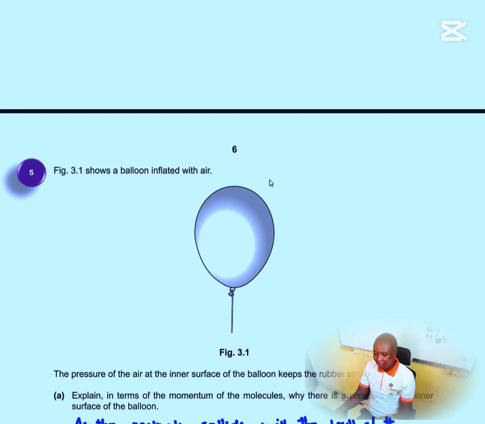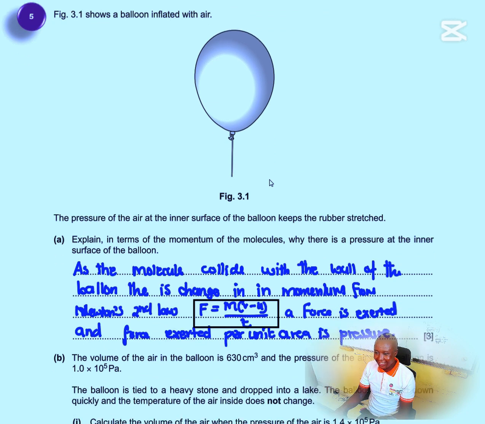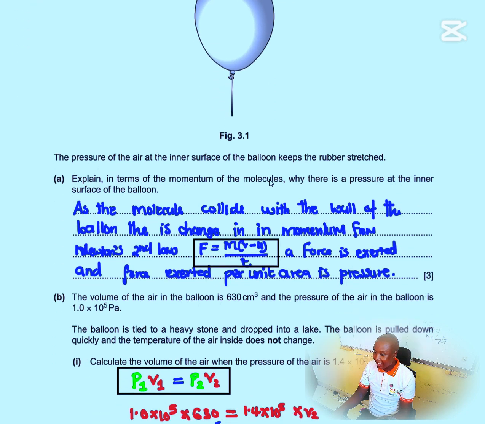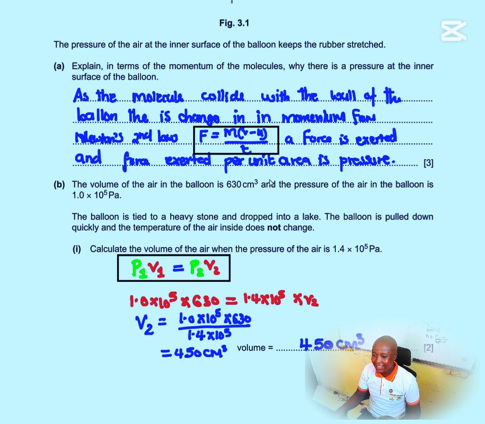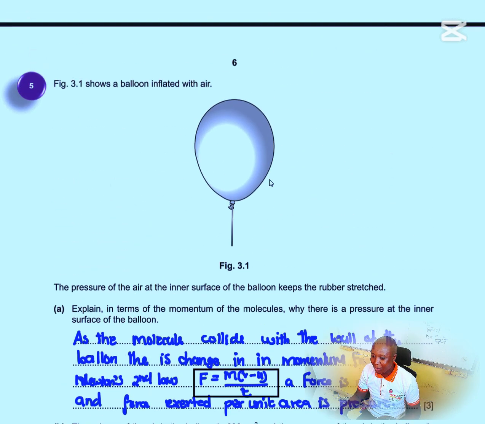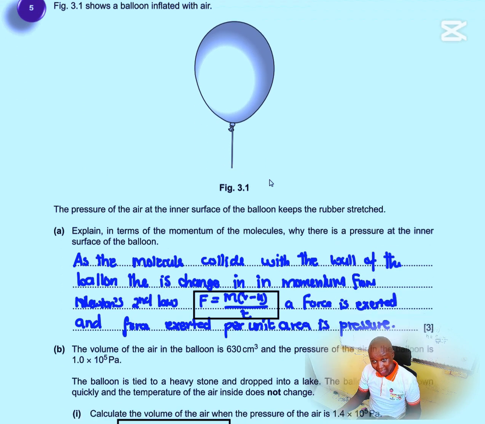Moving down to question number 5, let's see the kind of question that was asked. Again, it is a question from pressure, but it approaches a different concept. We have a balloon inflated with air, meaning we have air particles moving, according to the kinetic theory of matter, which states that air particles are in continuous random motion.